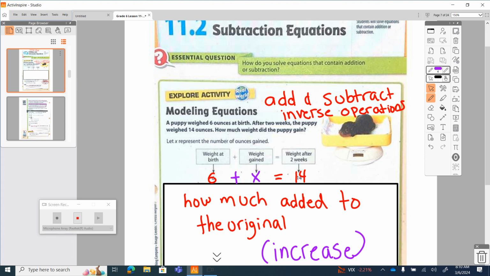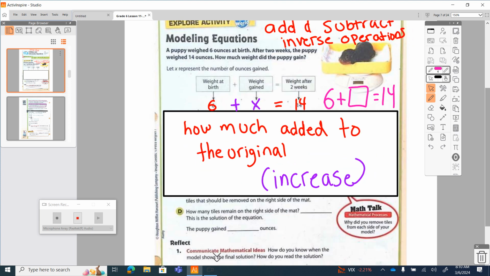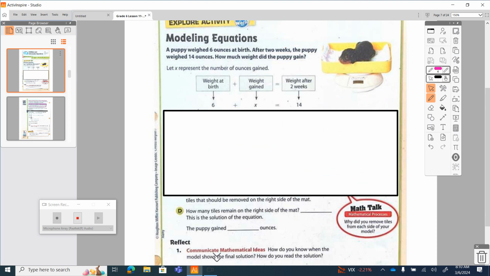You can think of this like you did in elementary school. It would be the same as 6 plus some number equals 14. And when we go to solve this, we can think of this as fact families. You did this in elementary school. Meaning 6 plus some number equals 14.